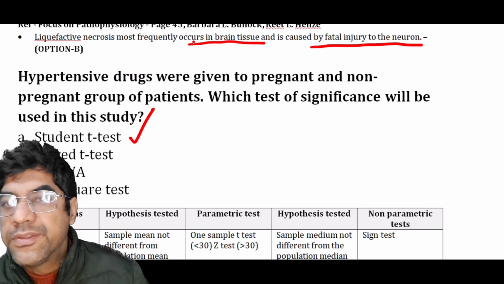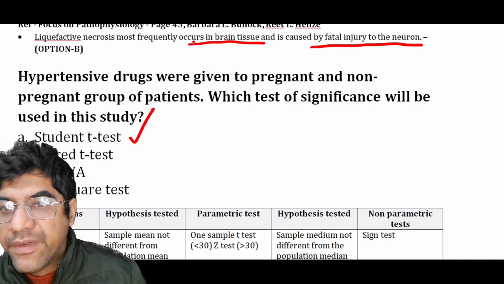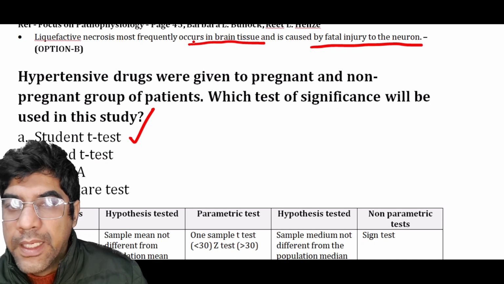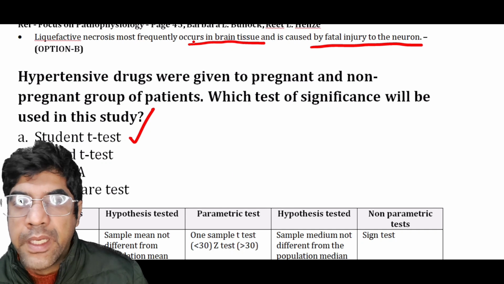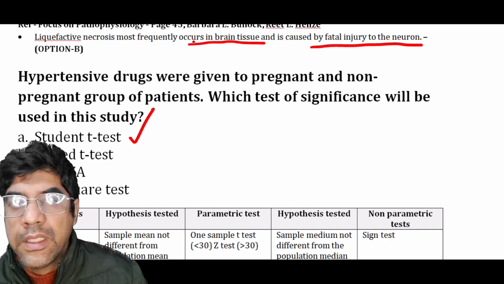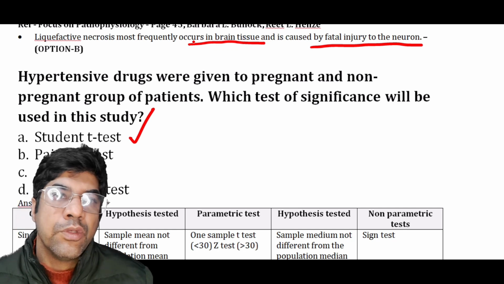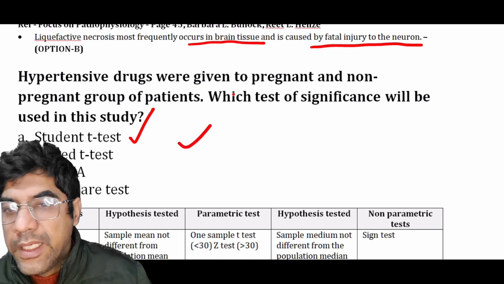So in the context of the given study, when hypertensive drugs were given to pregnant and non-pregnant group, the student t-test is suitable for comparing the mean outcome, that is the blood pressure value between the two groups. So the answer would be student t-test.